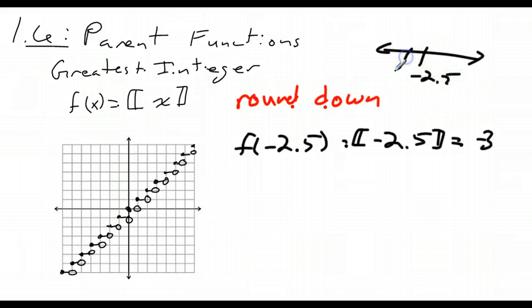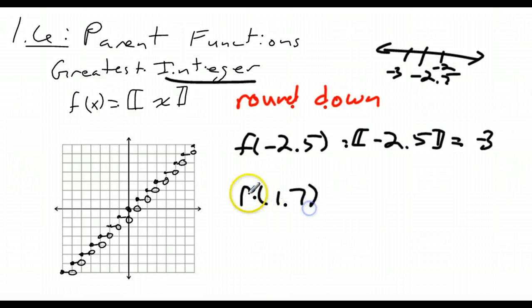Right, here's negative 2.5, so negative 3, we have negative 2. It just wants the integer. Integer is a whole number, so you're going to round down to the nearest whole number. F of 1.7 is just going to round down to 1. Okay, it's just asking you to round down to the nearest whole number.